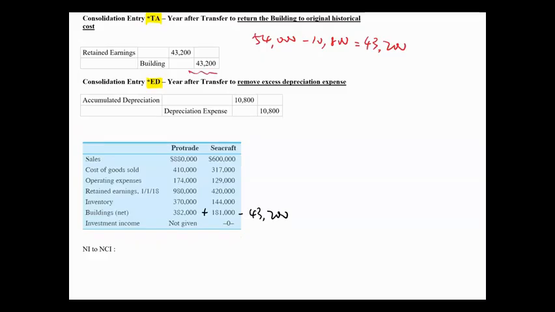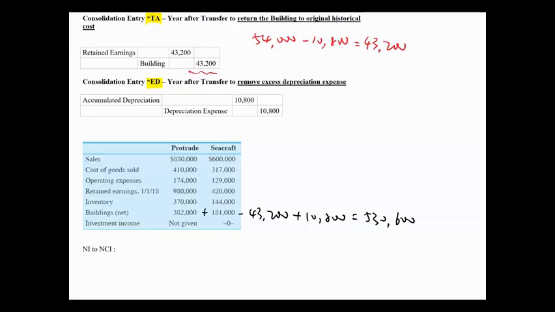And then next, plus the entry star ED of $10,800, which is related to the annual accumulated depreciation. And it equals 530,600. So actually, this 43,200 is related to entry star TA, and 10,800 is related to entry star ED.